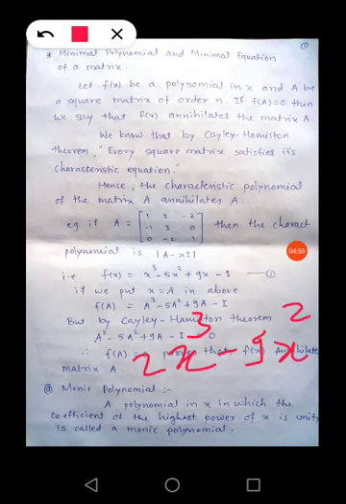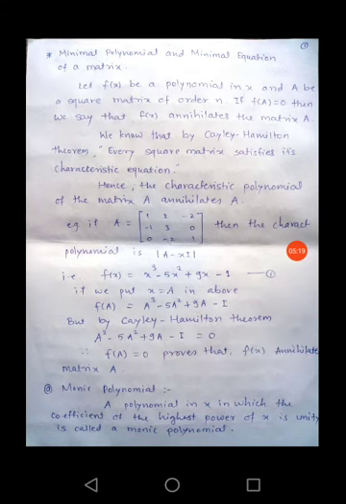So this one is also a polynomial in x. Now check the highest power of x, which is 3. So x cube, check the coefficient of x cube, which is 2, not equal to 1. So this is not a monic polynomial. So a monic polynomial is nothing but a polynomial whose coefficient of highest power of x is unity. So this is the thing we have to understand.